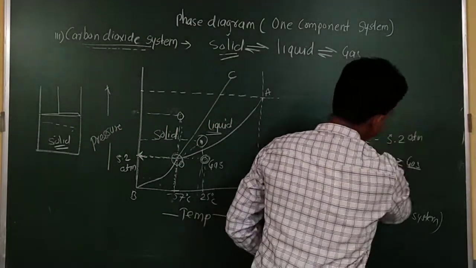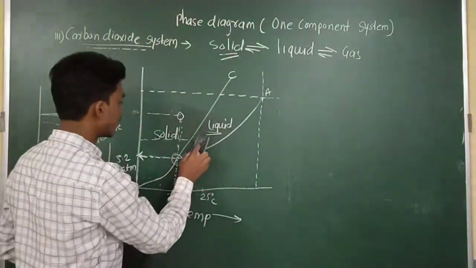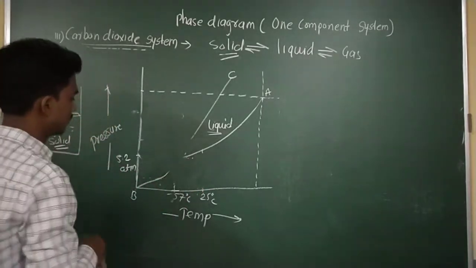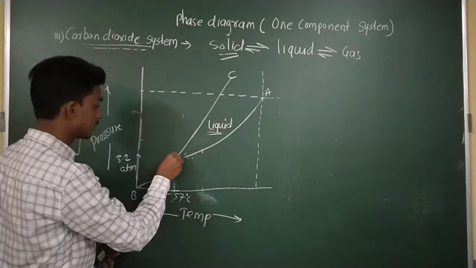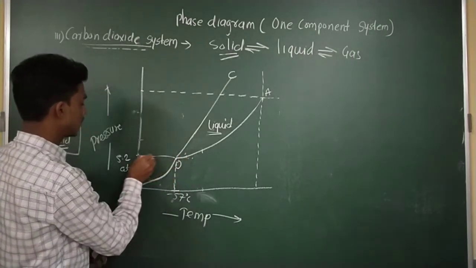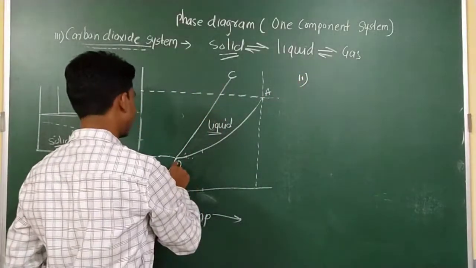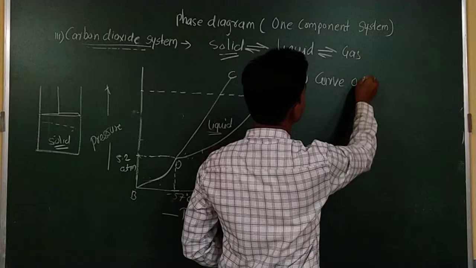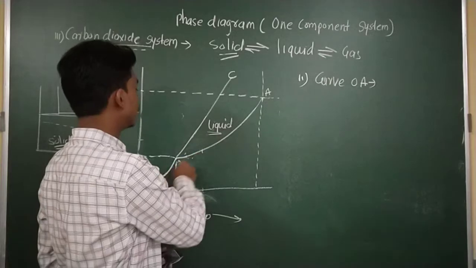Okay, now the next topic, the next curve. We have to cover all the curves. This point is O, at minus 57 degrees Celsius. Now the second point, the curve O to A. At this curve, what will happen?